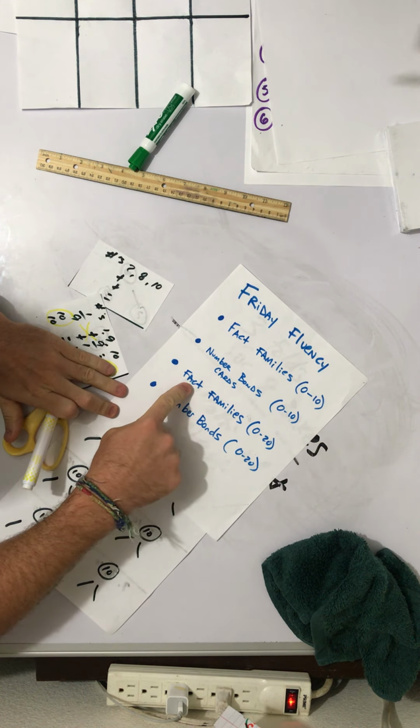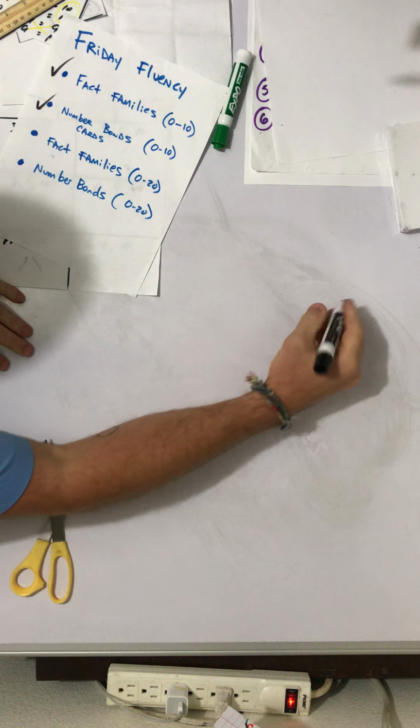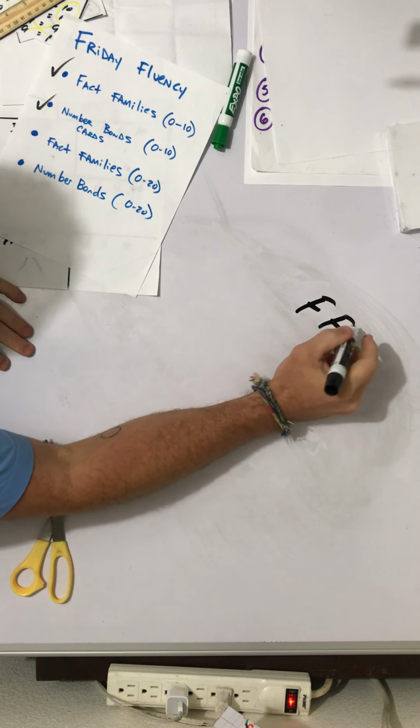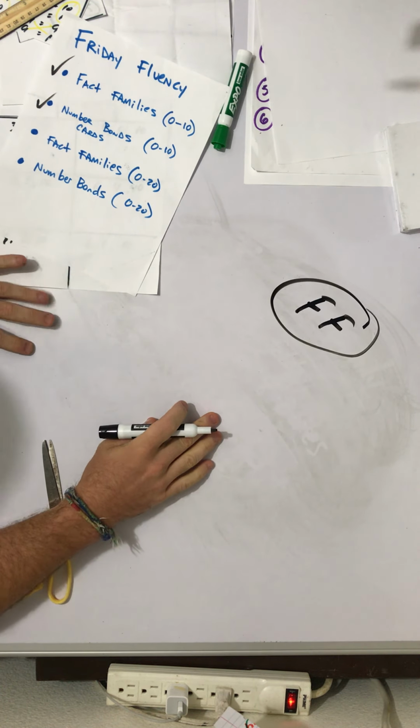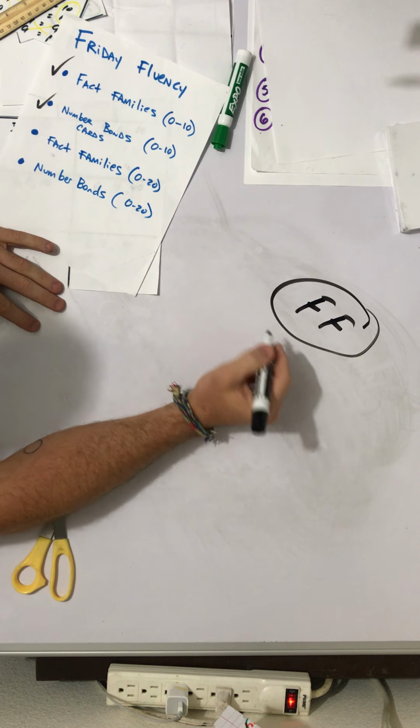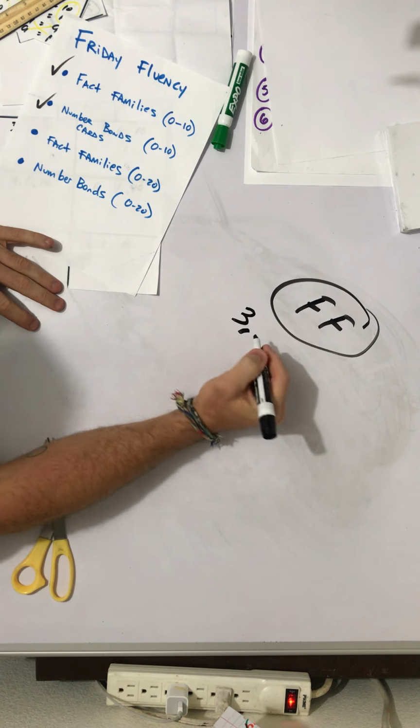We did the fact families 0 through 10, and we did the number bond cards 0 through 10. Those are on the back side. Same concept, fact families 0 through 20. All right, FF for fact families. Let's start with our numbers. Let's go with 3.